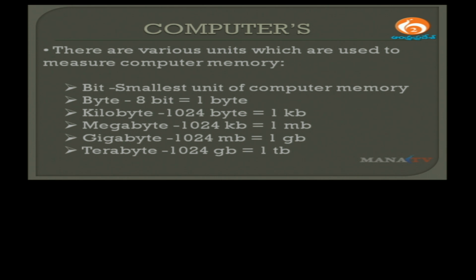Tera is the most advanced space, like 1 terabyte is equal to 1024 gigabytes. That means a lot of space. Alright, so this is about the calculations of the memory and its advanced sections.